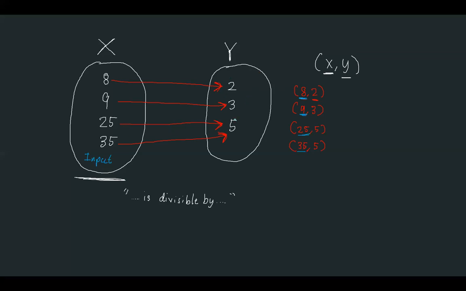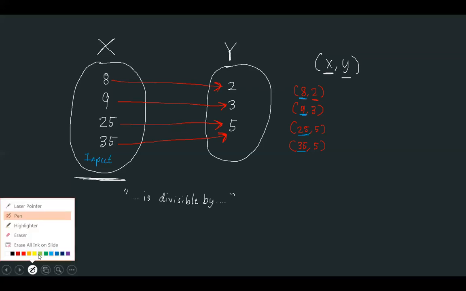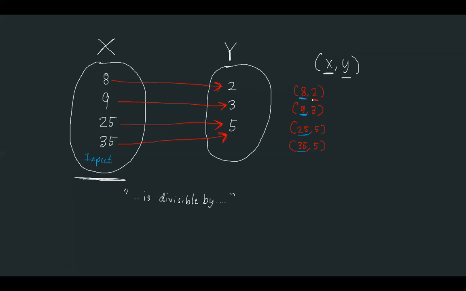The numbers matched by them, 2, 3, and 5, we can represent as outputs or output numbers.